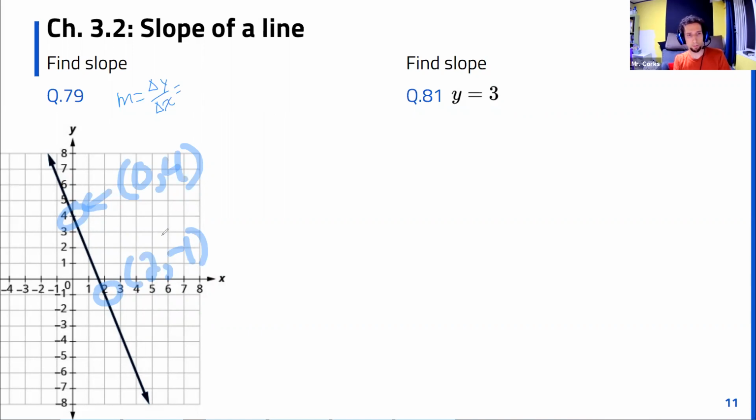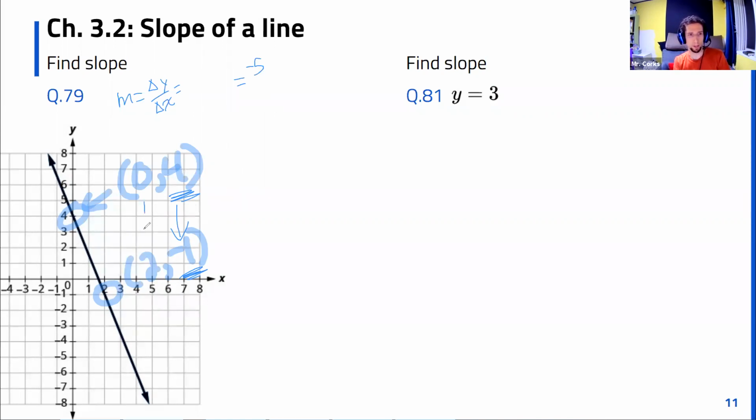So just intuitively, look at the y value here and the y value here. How much did it change by? Let's say we go in this direction. So from 4, it went down by 5, so -5. So that is the change in y.